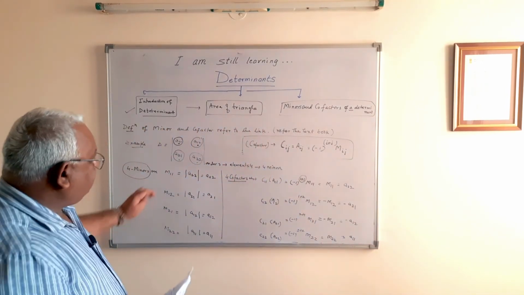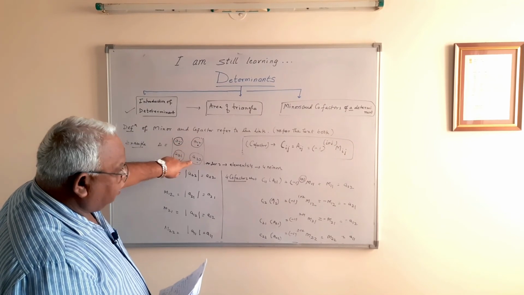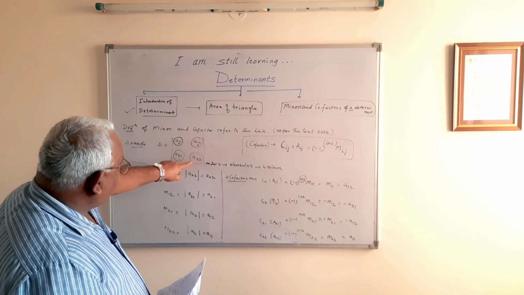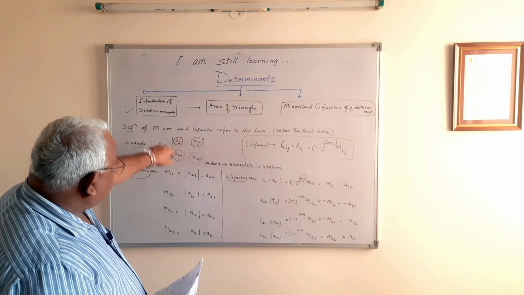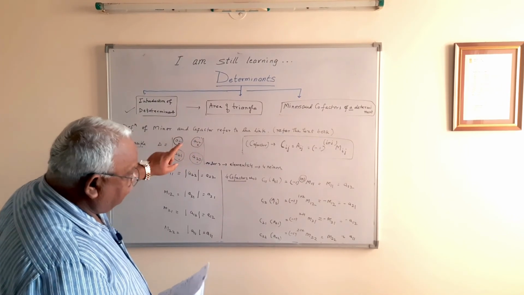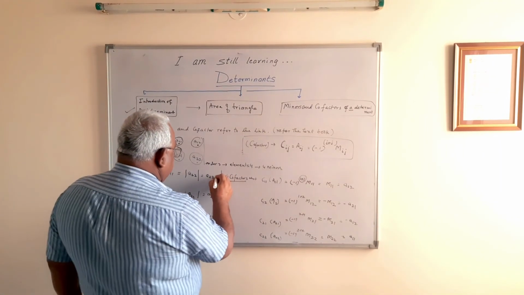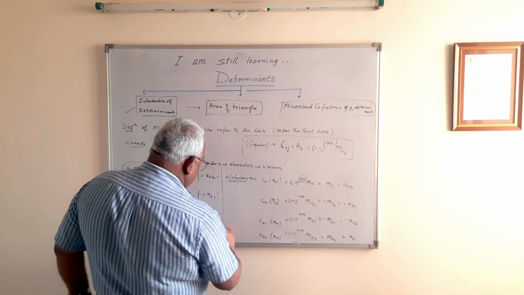Let me check once. Cofactor 11 is A22, fine. 12 is negative A21, 21 is minus A12, and 22 is plus A11, fine. All are correct. This is correct. Okay.